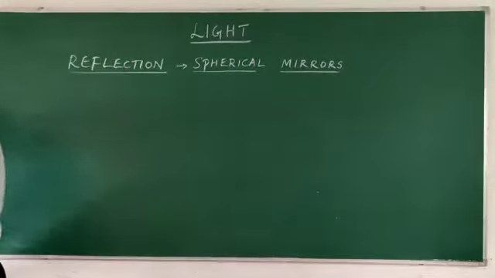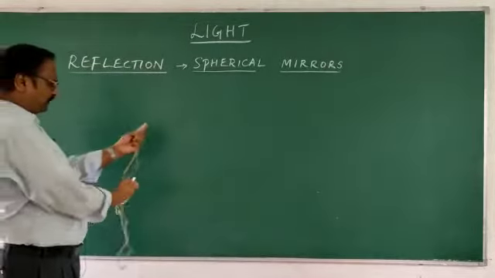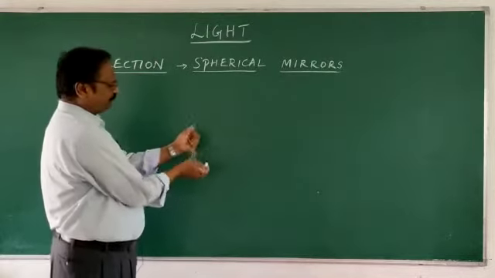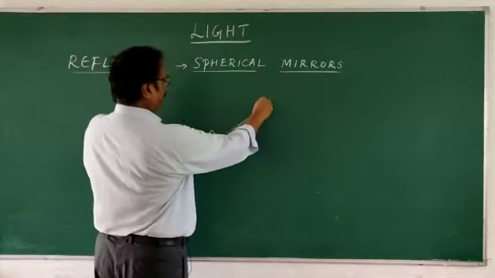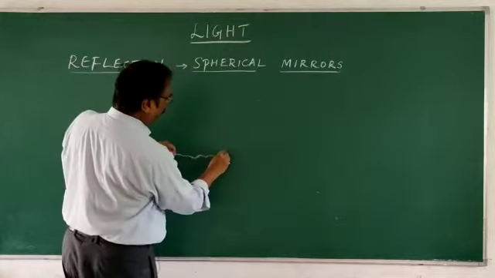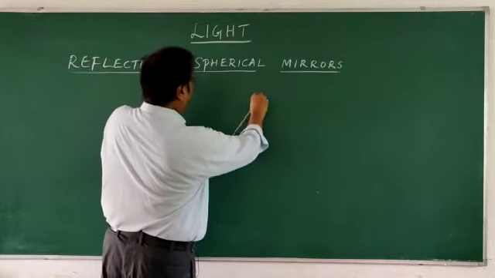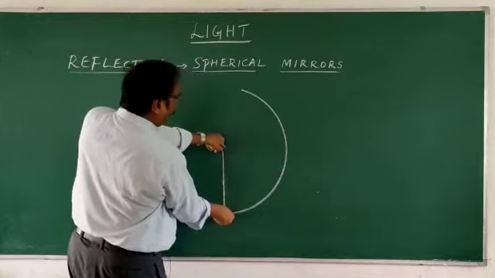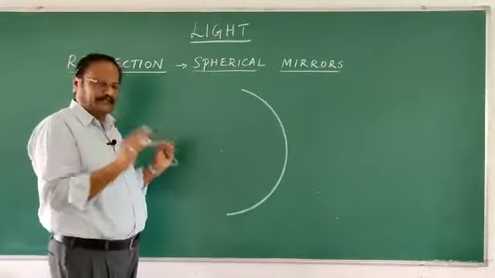Now, let us construct a spherical mirror. I am keeping a center point here, and I am going to draw a sphere. I am not drawing the whole sphere, I am taking part of the sphere.